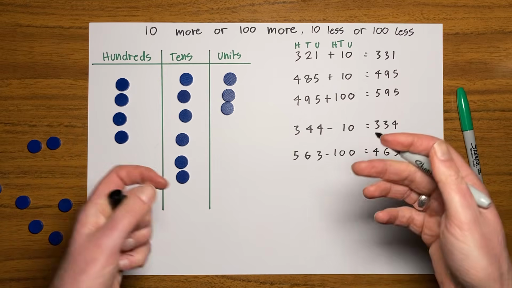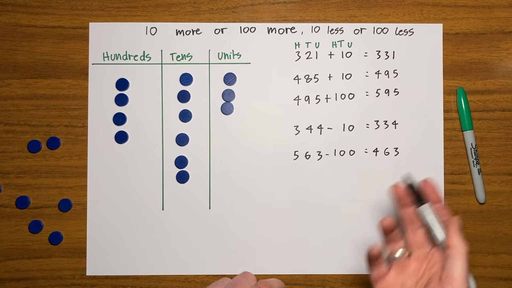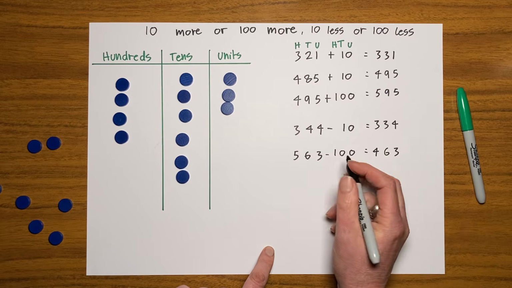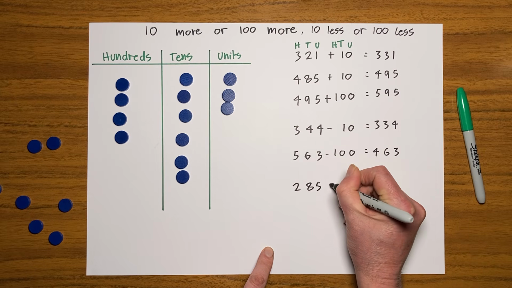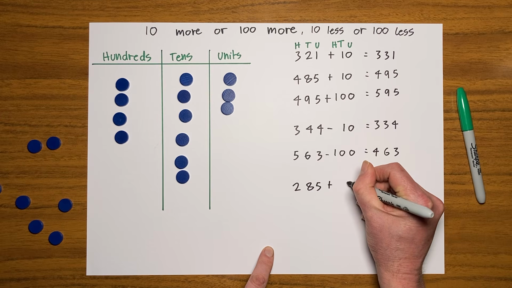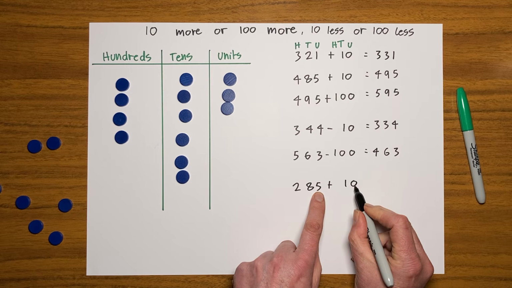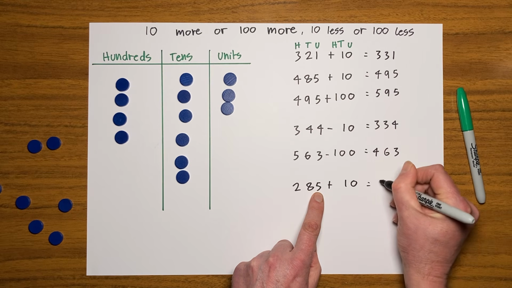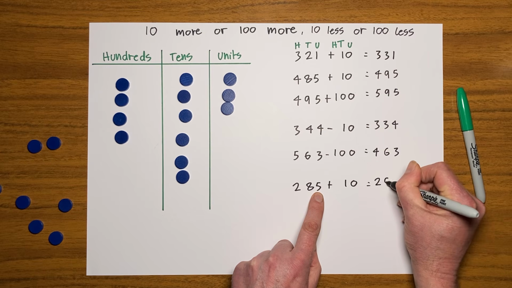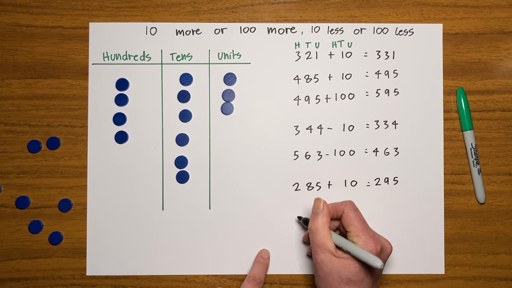And once we've started to see this, we can do questions without using the counters. If you're stuck and confused, I always recommend using the counters, but let's just do a few other ones to see us off. So I might have 285, add 10. So I'm not adding any units, but I am adding 1 ten. So it won't be 285, it will go to 295.